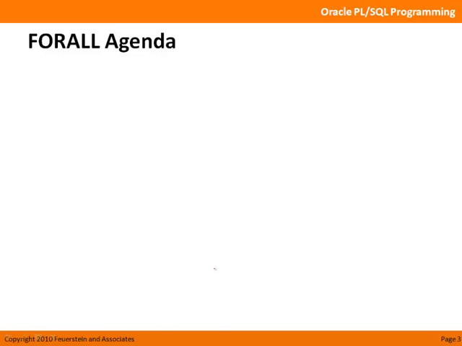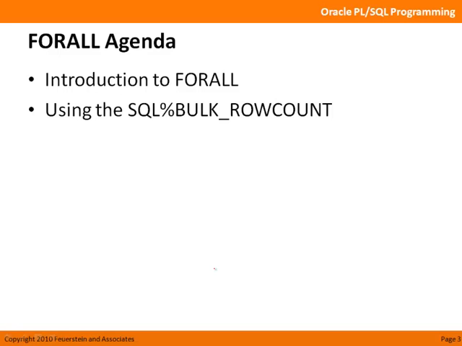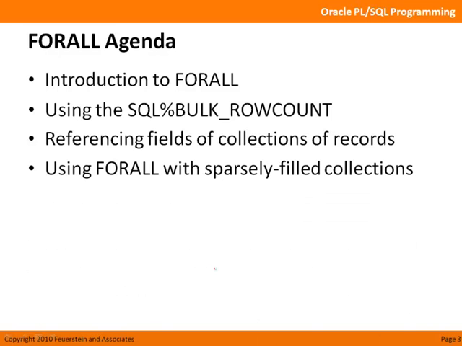The agenda. We'll start with an introduction to FORALL, the syntax, how it works, and how performant it is. Then we'll take a look at the SQL%BULK_ROWCOUNT pseudo collection, which is a new SQL attribute that allows you to find out how many rows were modified by each individual statement. We'll take a look at issues of referencing fields of collections of records, one of the limitations on FORALL, at least before Oracle 11.